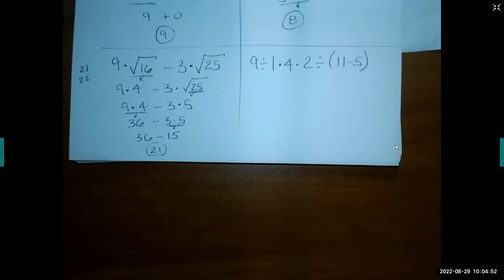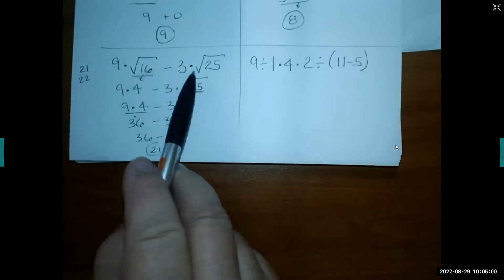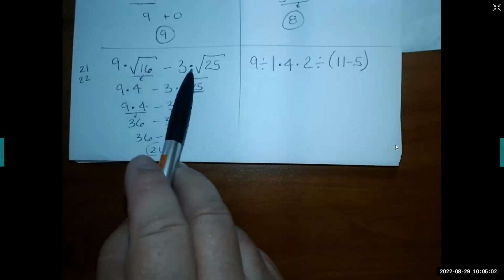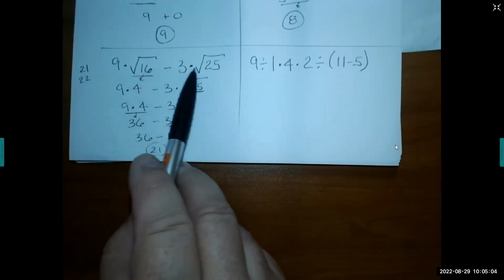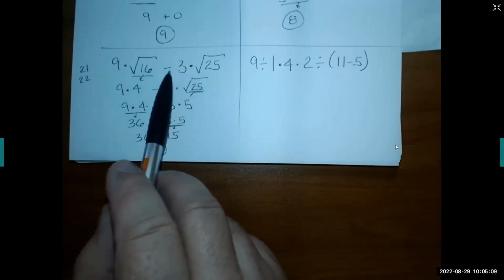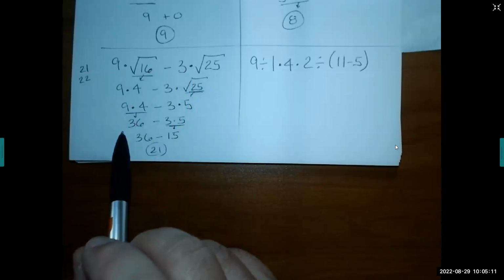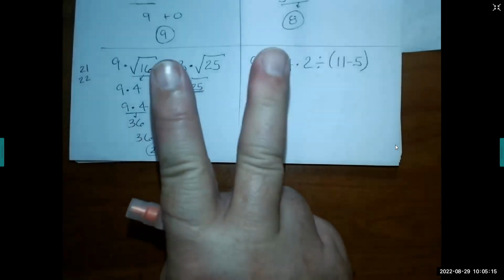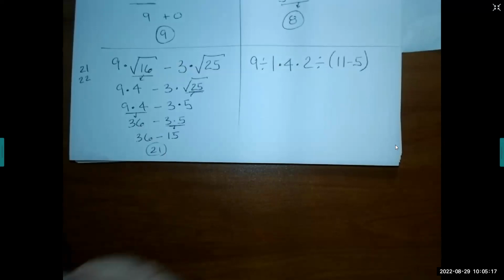Let's look at another word here. The word term. Have you ever heard that before in a math problem? How many terms are there in this equation? How many terms? 2.